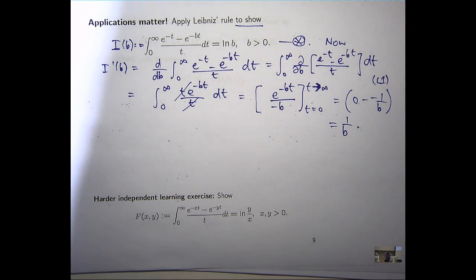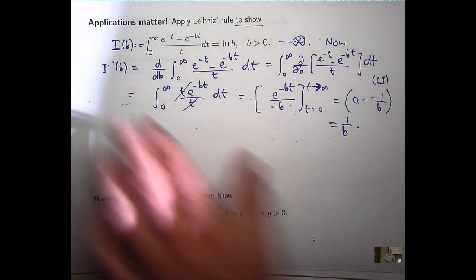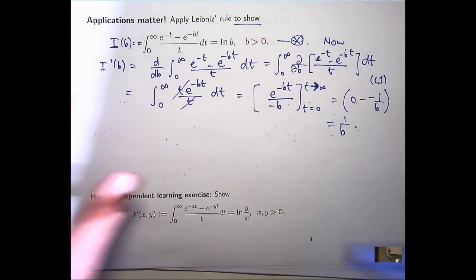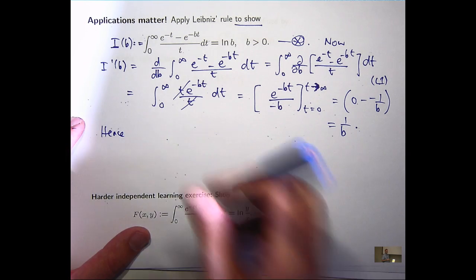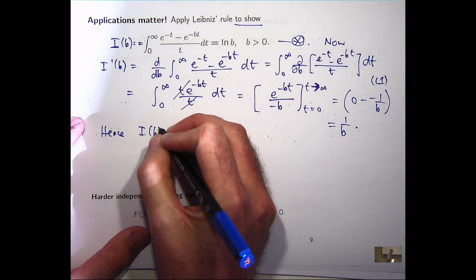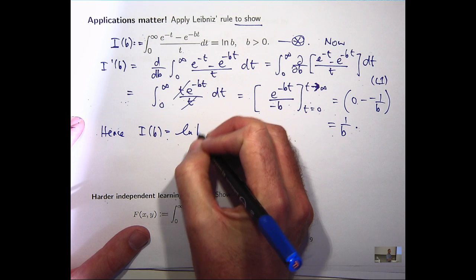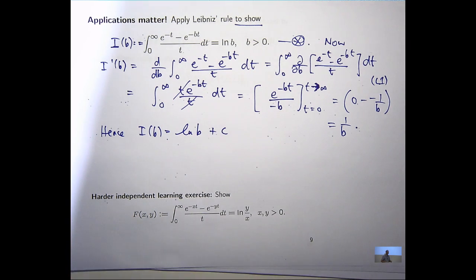If I integrate I dash of b with respect to b, I'll get something like log b plus a constant. So you can think of this as a simple differential equation. So let's integrate this and this. But remember, with integration, we've still got a constant of integration to worry about.